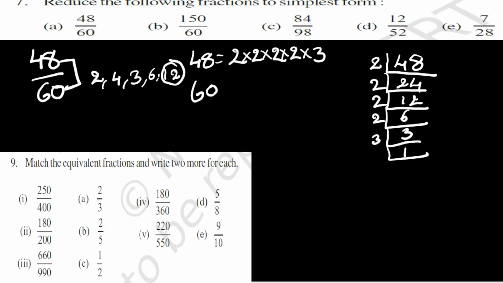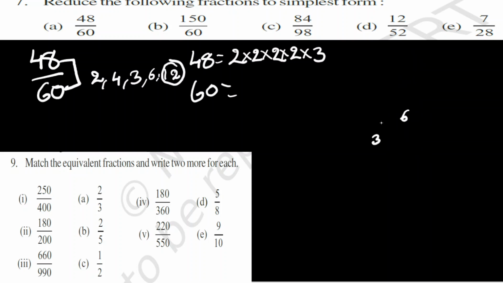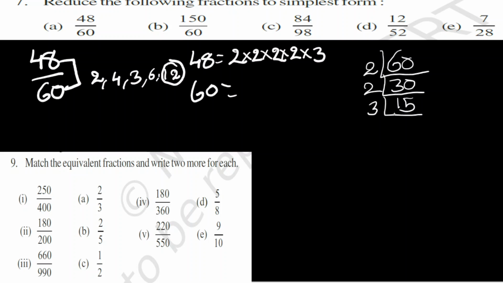And let's factorize 60. We start with 2: 2 30s are 60, 2 15s are 30, then 3 5s are 15 and 5 1s are 5. So 60 can be expressed as 2 into 2 into 3 into 5.